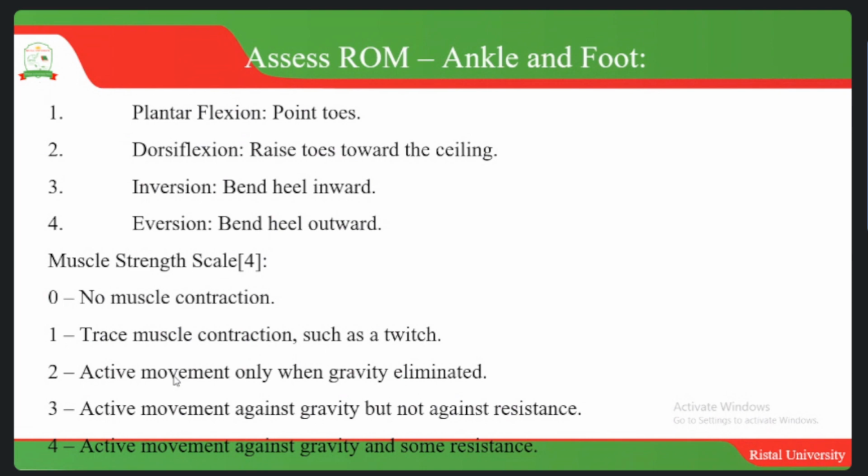Then also active movement against gravity and some resistance. This is now where you tell the patient either to lift his hand and you put pressure on the hand and see if he's able to resist the pressure.